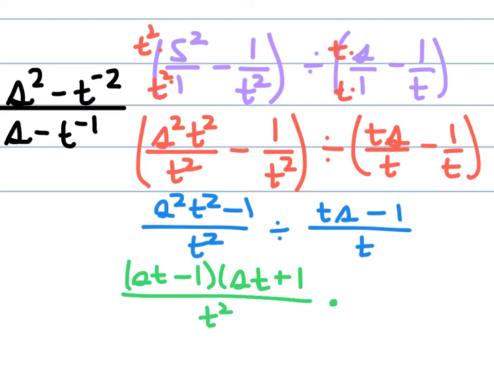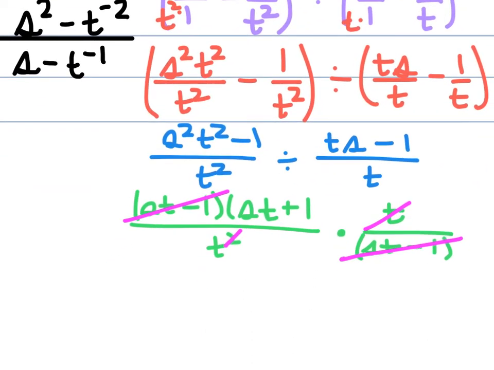Change to multiplication, flip the second. We can rearrange the ts to be st minus 1. So now one of the parentheses are the same and they can cancel out there. And then that t is going to cancel out the exponent on that one. So we're just going to have st plus 1 over t.